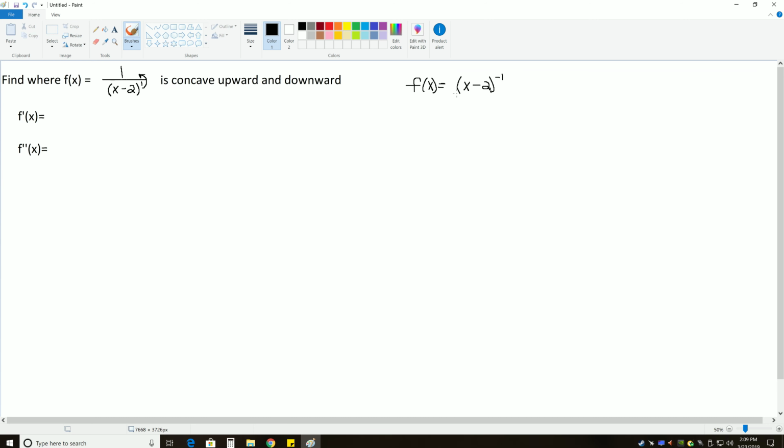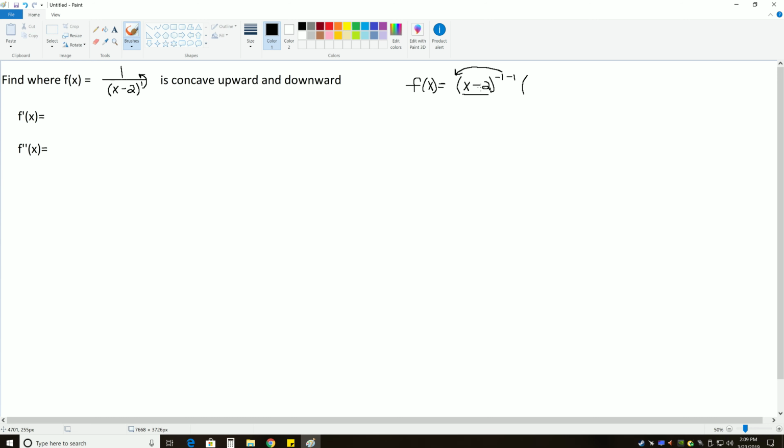And now when we want to find the derivative of this, we can just use the general power rule, which says we're going to take this exponent and multiply it out front. We'll then subtract 1 from the exponent, but then we have to take what's inside the parentheses and multiply its derivative out front.